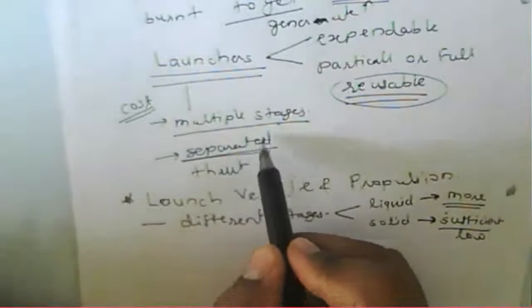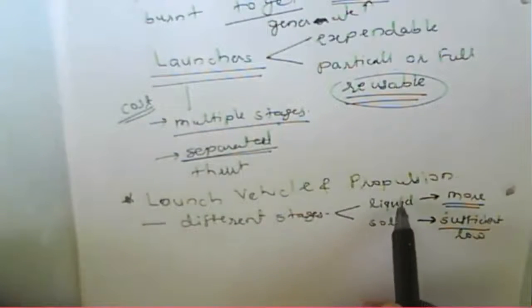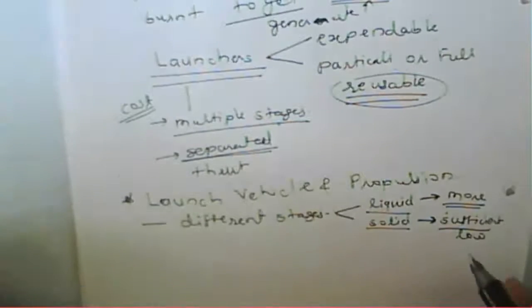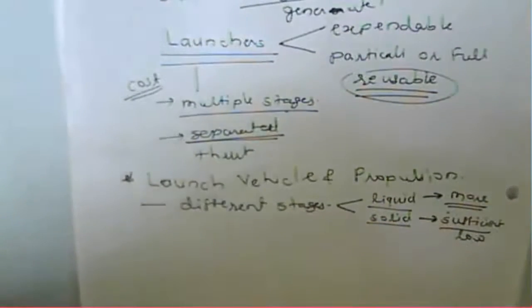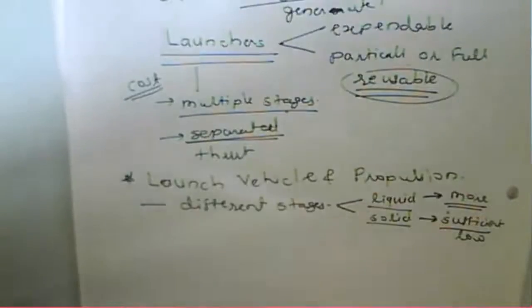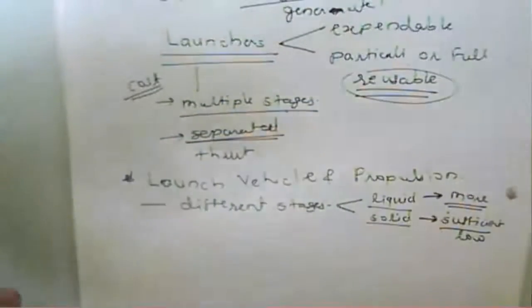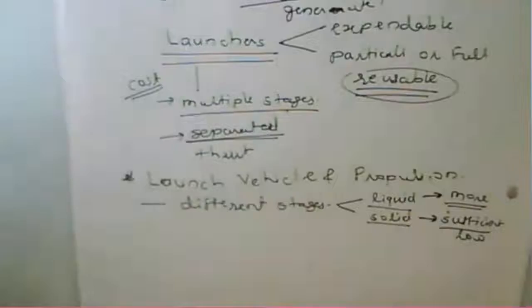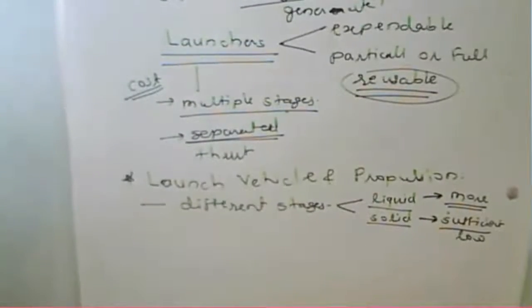Because of that, we are using multiple stages. According to the weight of this mixture of liquid or solid, the stages are used initially with solid fuel, because the weight is larger, and then they will generate more thrust there.